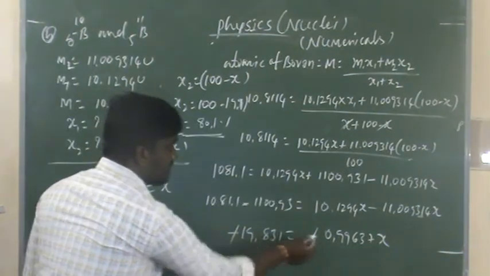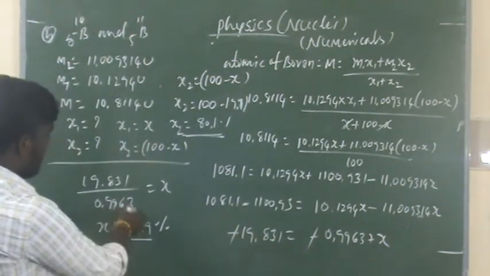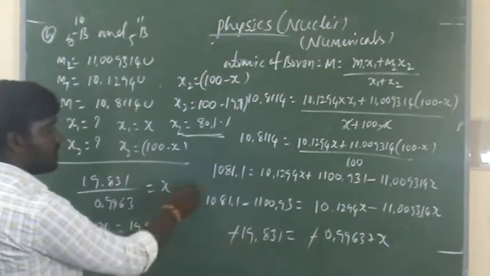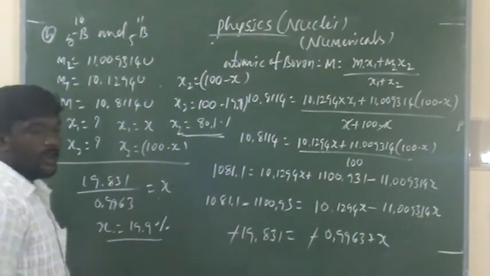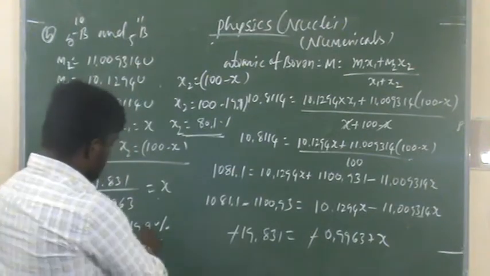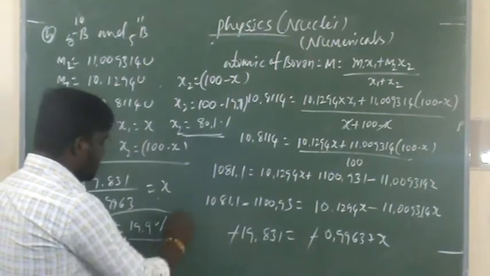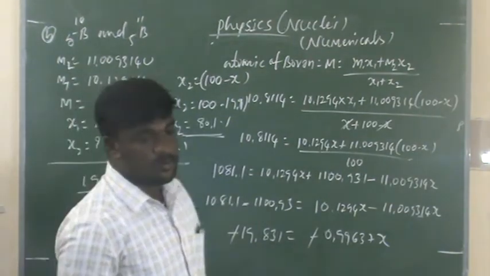Minus minus get cancelled. So 19.831 divided by 0.9963 is equal to x. Finally we got the x value, that is 19.9%. Once you know the x value, finding x2 is easy.